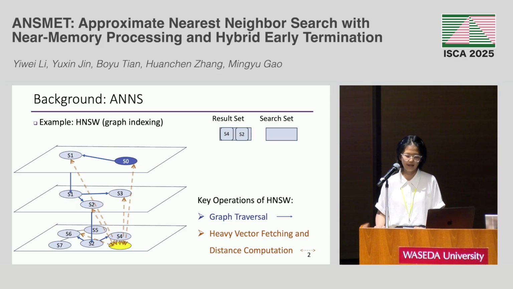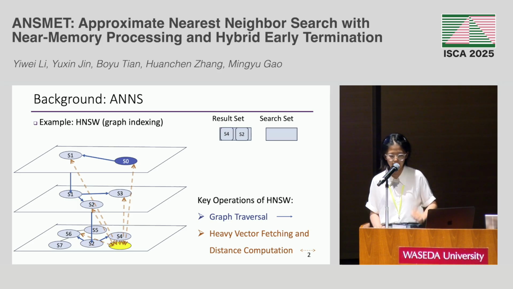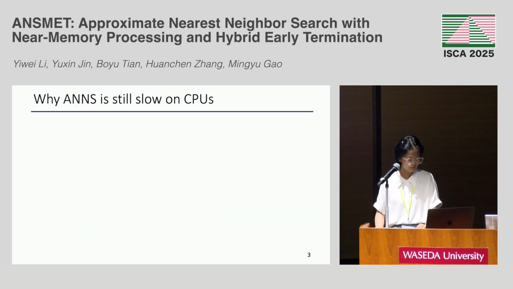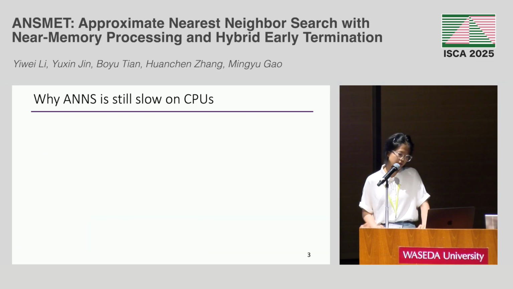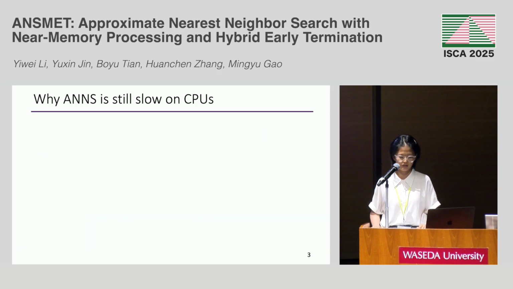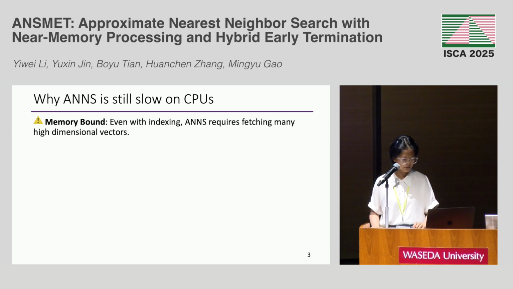So from the demonstration, we can see that HNSW or ANS is composed of two main operations, which are graph traversal and distance comparison. Therefore, even if ANS has introduced vector indexing, it still suffers from inefficiencies when running on CPUs. Firstly, it is still a memory-bound workload.